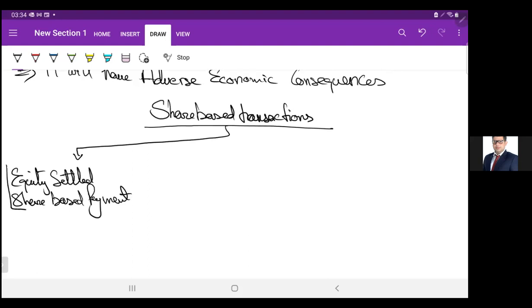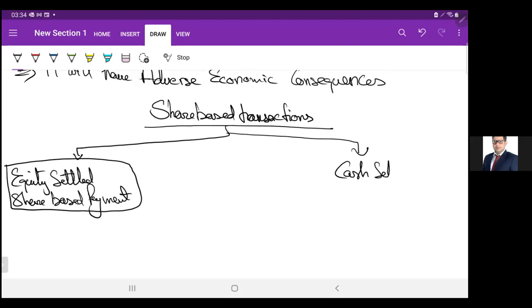Number two, we have cash settled share-based payment.